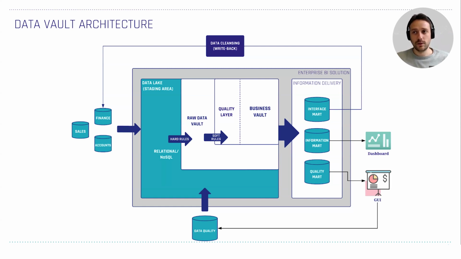Or the data steward can leave comments why this is not a bad record or an exception to the rule. And this user interface stores all edit data, so all flags, all comments, and so on, in a separate database, which in turn serves simply as another source for the raw data vault or for the data vault itself.